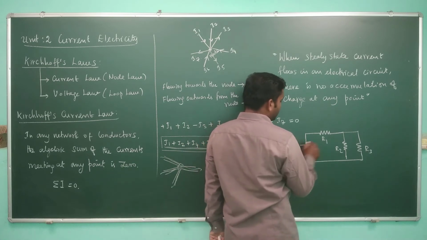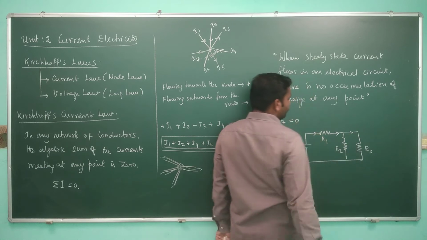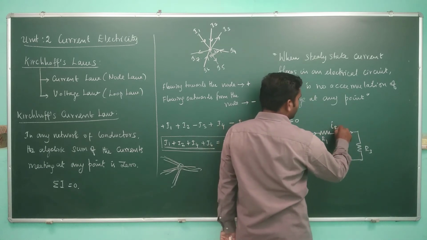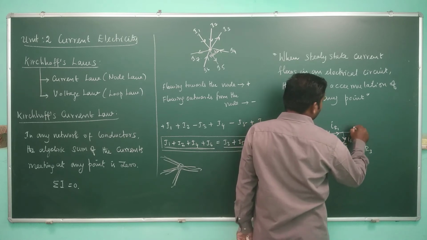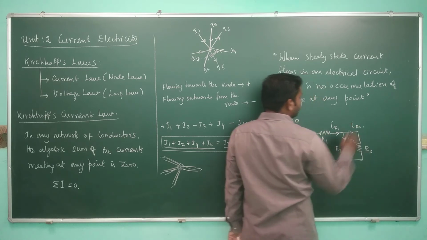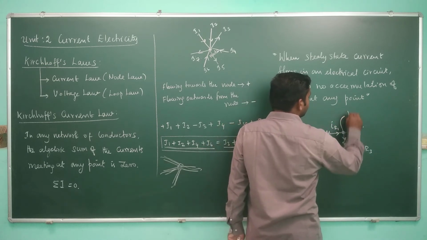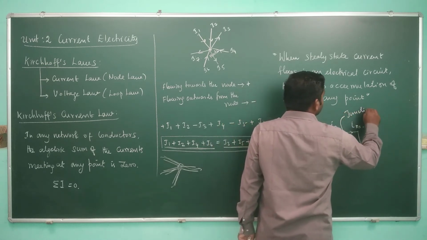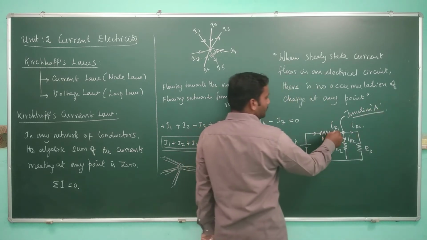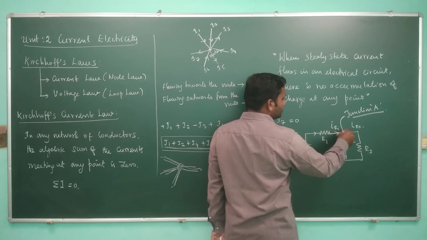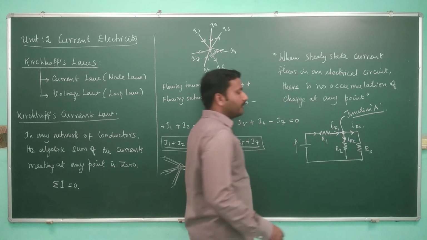Current is flowing in this direction, here this direction, here this direction. This is IR1, the current through this line is IR2, and the current through this line is IR3. Now this is the junction, let's say junction A. At junction A, IR1 is going towards the junction, and IR2, IR3 are going away from the junction.